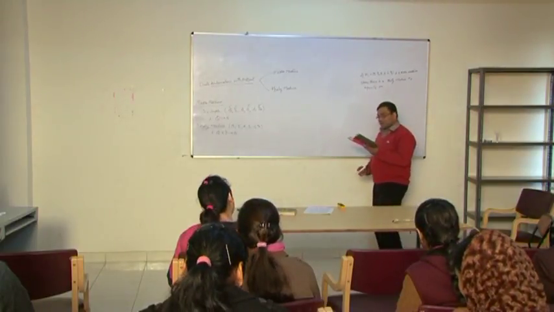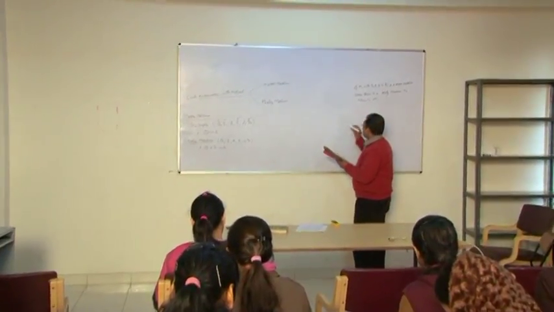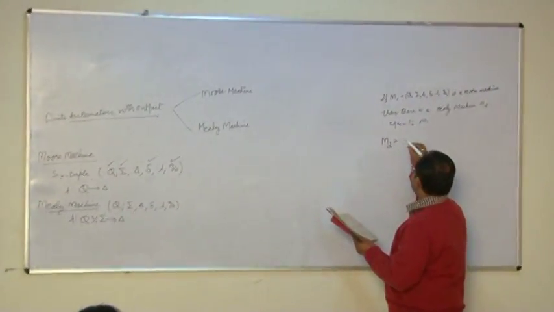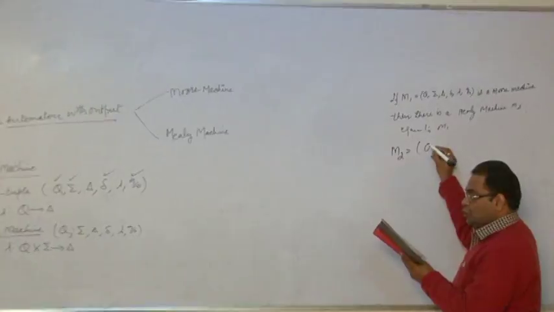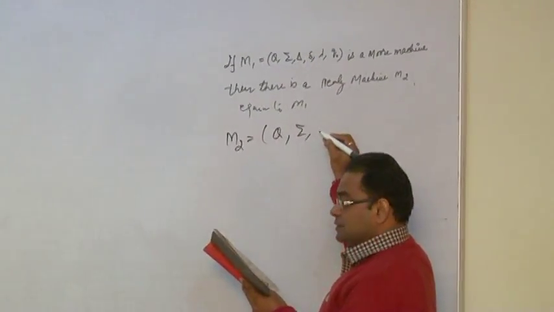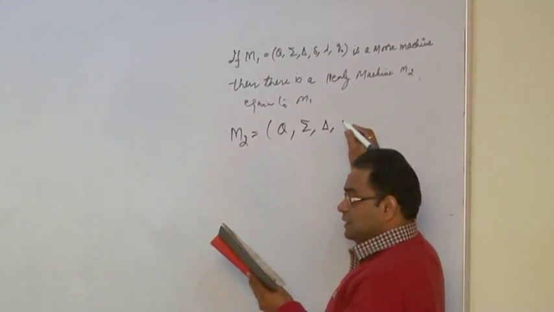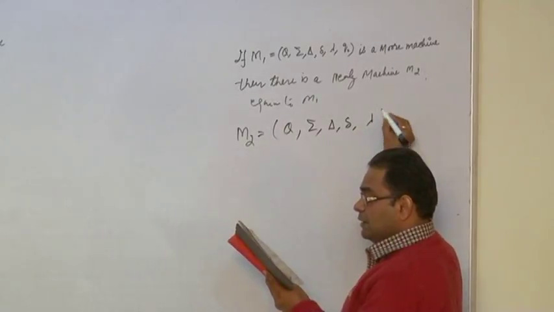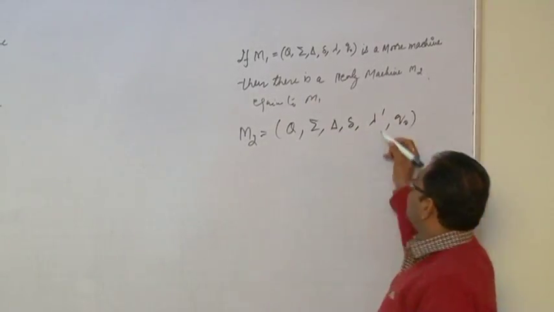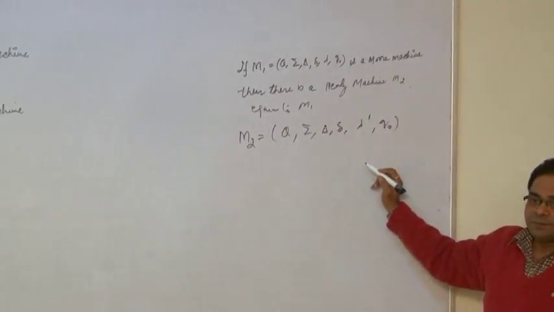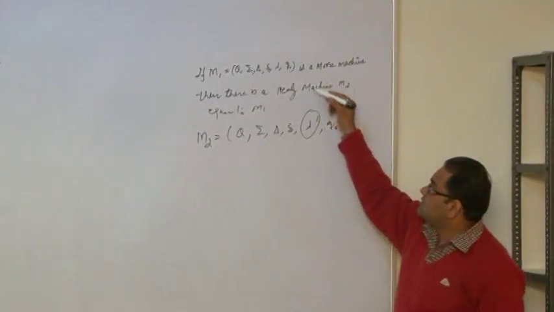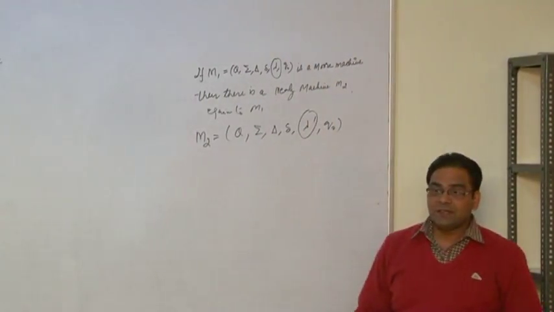So the only thing that we need to map over here is we define M2 as Q, sigma, delta, again delta, lambda and Q node. So where is the difference between these two? Only this is the difference, right?